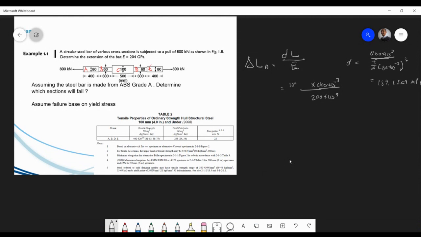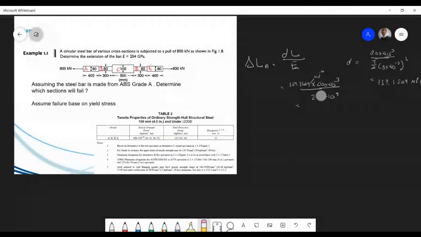So we go 159.1549, times 10 to the power negative 6. My length is 400 millimeters. I'm falling prey to habits here. It's 204 GPa, not 200.